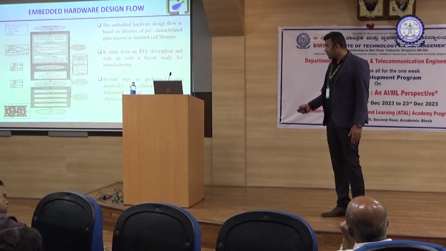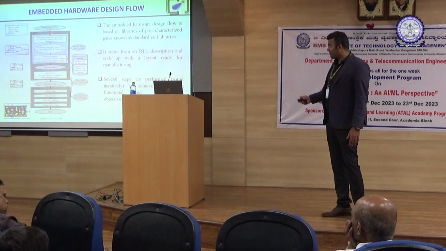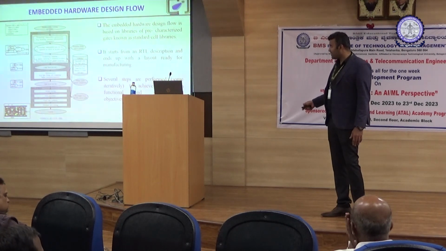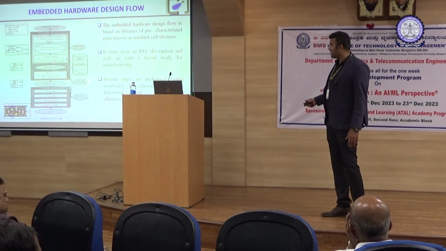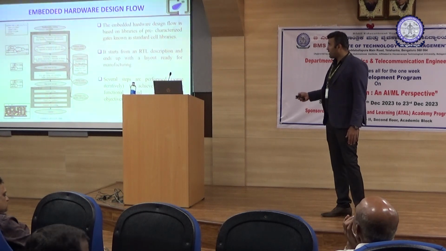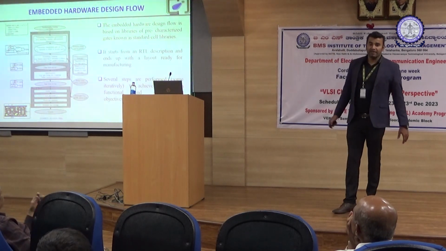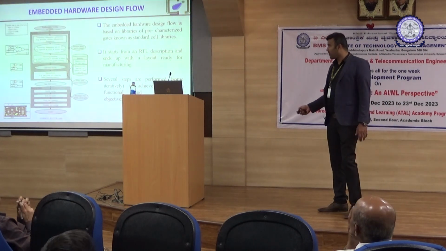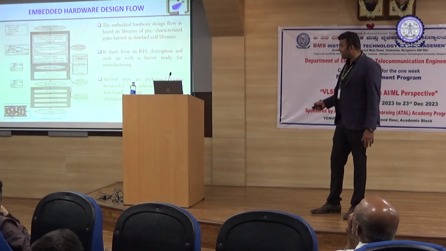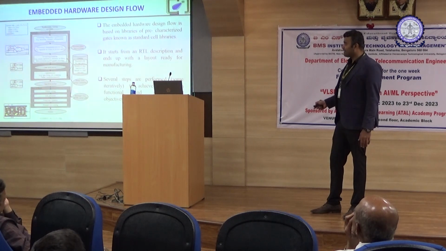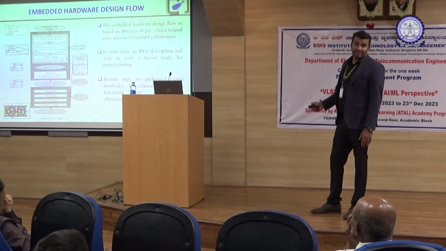The point I want to mention is that this is one kind of embedded hardware design flow, where at each level we can optimize the power. We have placement and routing, which is very critical in back-end design.